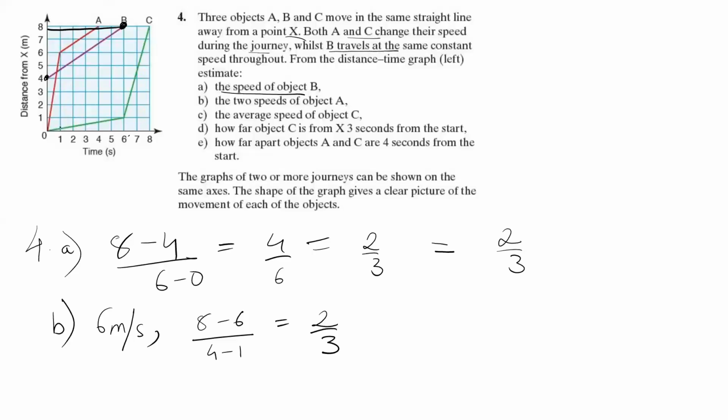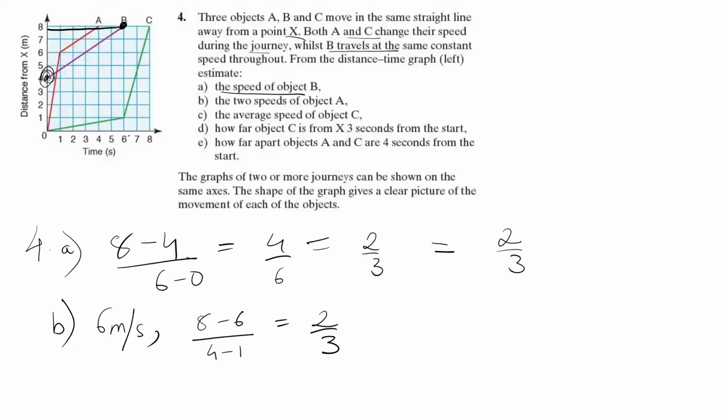If it went through 0, 0, then you would be able to do that. If we had a line like this, in that case, the speed would indeed be 8 over 6. But our line doesn't pass through the origin. Our line hits the y-axis at this point.